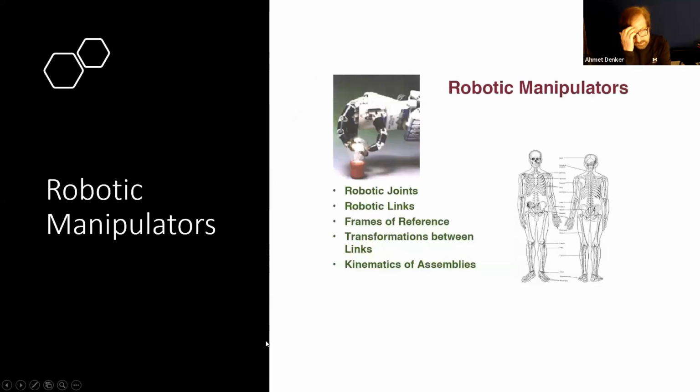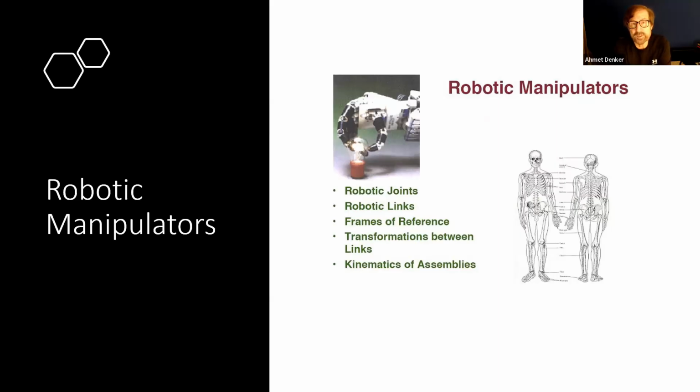So we said that in designing robotic manipulators, the human body is taken as an example, as a model. Now, what do we have in the human body? We have joints. So in robotic mechanisms also we will have joints.